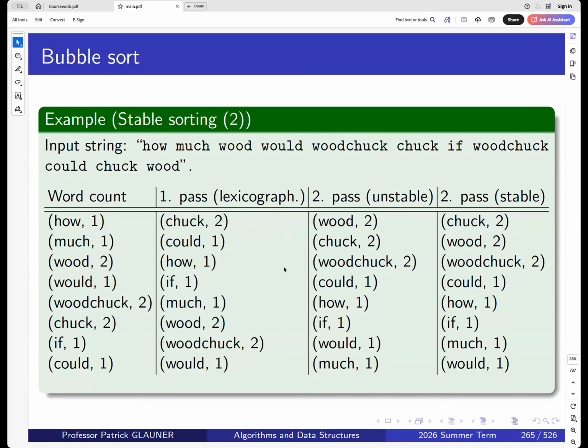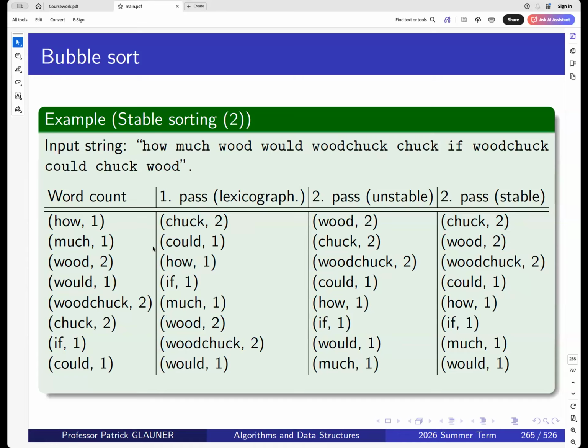So I want the number 2 to appear first, and with a stable sorting algorithm, of all the ones that have 2, chuck would appear first, then would, and then woodchuck. And that's exactly what I have done over here in the last column. Chuck, would, woodchuck with 2, and then all the words with count 1.